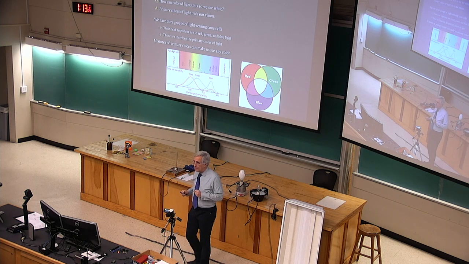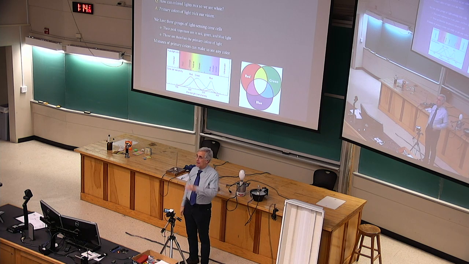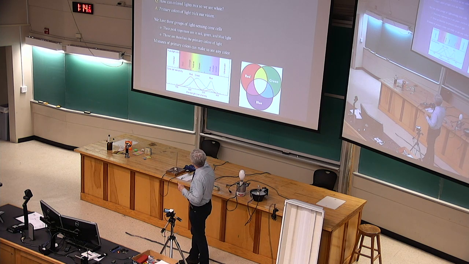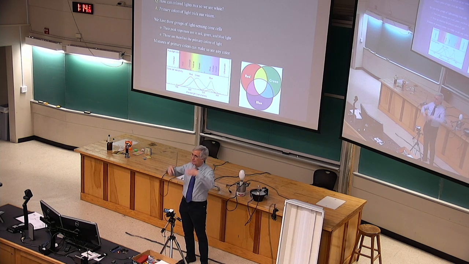That means that if you look at that orange or yellow, I'll concentrate on yellow. If somebody shines true yellow light at you, which is maybe about 580 nanometer wavelength, I'm using wavelength and frequency somewhat interchangeably.